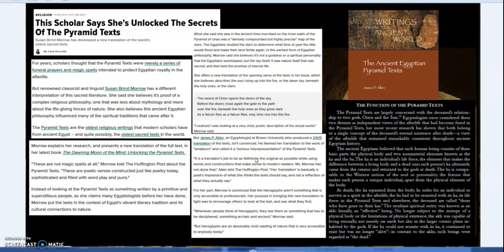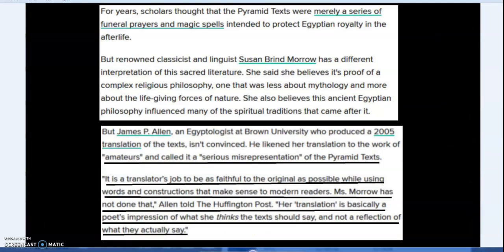They're certain that it is purely a book of magic spells to do with the king's travel through the dead. However, if we read it, it's essentially an argument of science versus religion in this place, and the Egyptologists are firmly convinced that this was a mystical text with no information apart from a book of spells.